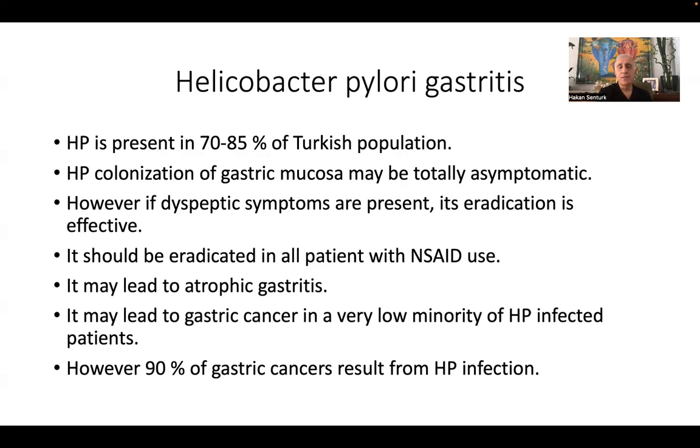However, if you look at the matter from the other side, 90% of gastric cancers result from HP infection. So if you perceive the matter from the HP positivity side, then a very low minority develops carcinoma. But if you perceive it from the side of gastric cancer, 90% have HP infection.